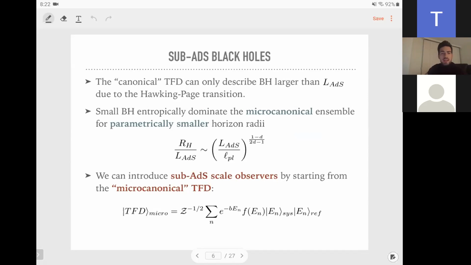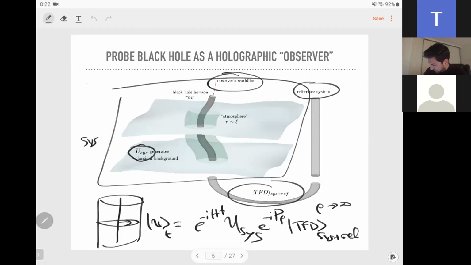Now, a very quick, yes. Do you require the same picture in this reference side? So I will not. The reference system, I don't touch it. The role of the reference is a method for tagging the frame of my black hole.